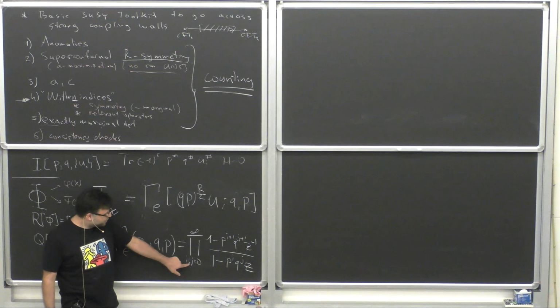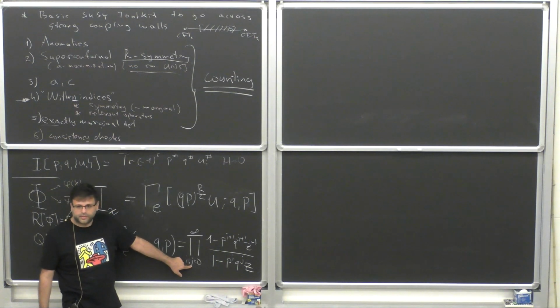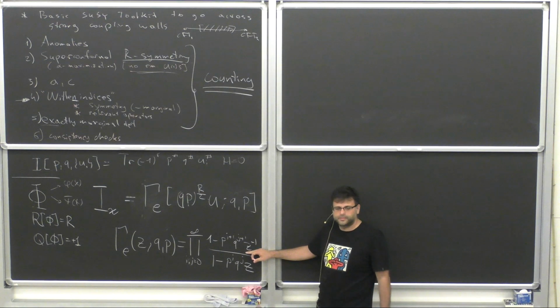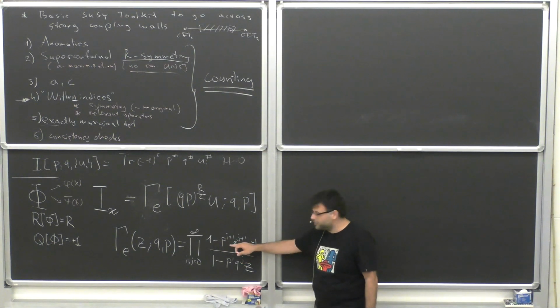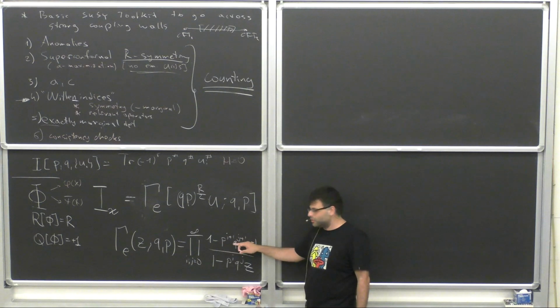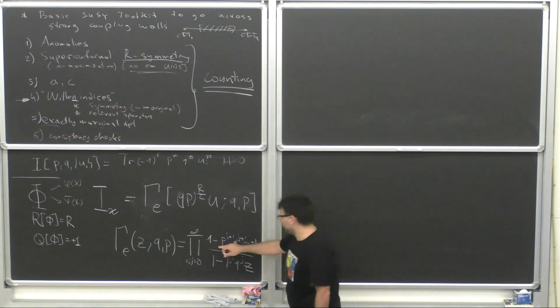So what do you think this double product is over? Derivatives, over the 2 derivatives. Okay, what is the numerator? The fermion. Okay, the numerator is the fermion. So we can either have some fermionic mode or not have it. This is the not have it, this is have it.